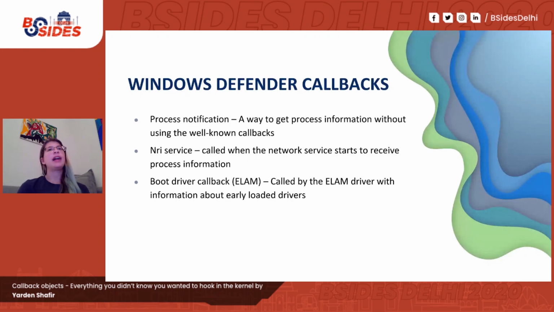It does some analysis, gets some information about the process, and then it wants to pass that information to the network driver so it can pass it on to the management server, the centralized server. So when Windows Defender is notified about a new process, it gets whatever information it needs, saves it in its own internal structure, and then uses the Windows Defender callback object to notify the network driver, hey, there's a new process in the system, here is the information about it.